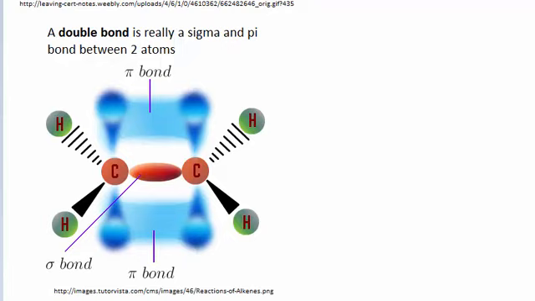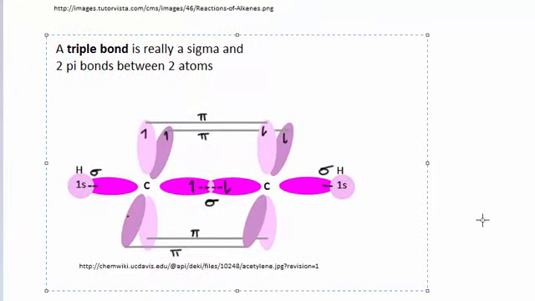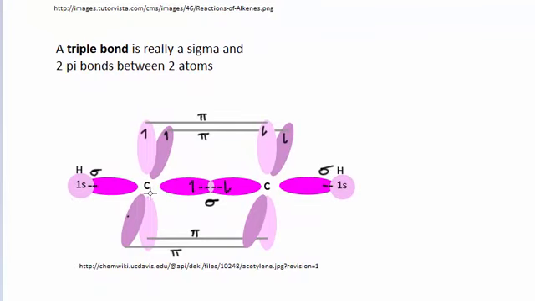So a double bond is really the combination of a sigma bond and a pi bond between the same two atoms. Similarly, if we're talking about a triple bond, say in acetylene, then we have a sigma bond between two atoms, and we also have two different pi bonds between two atoms.